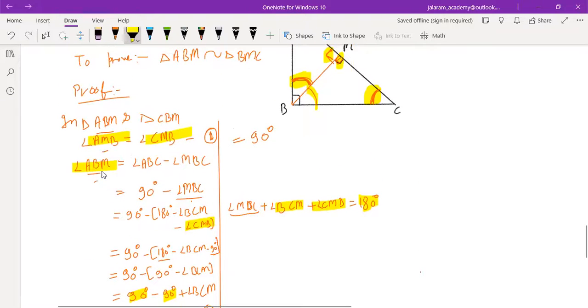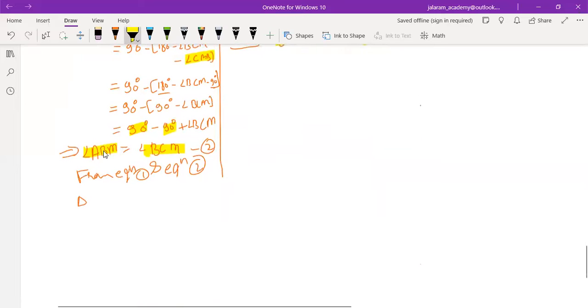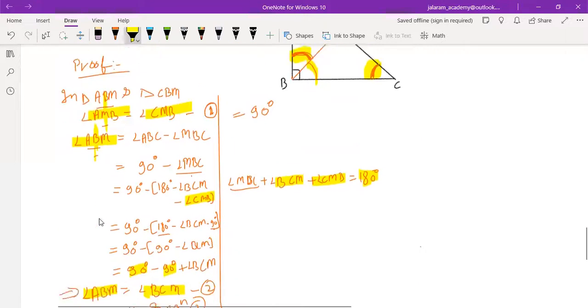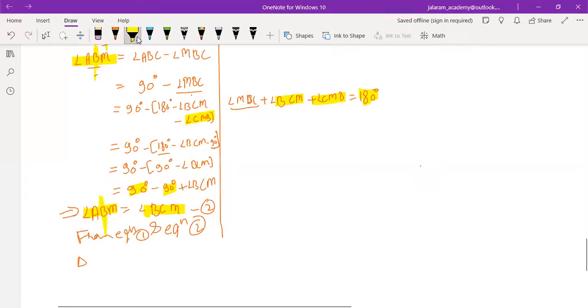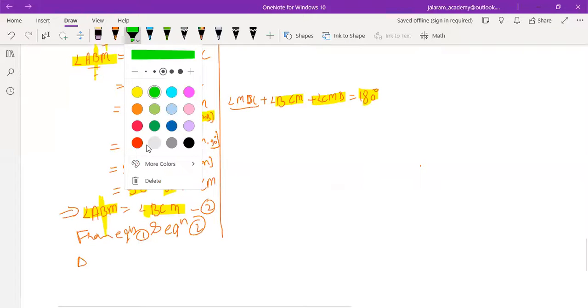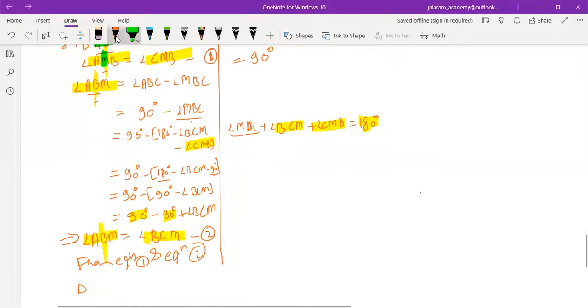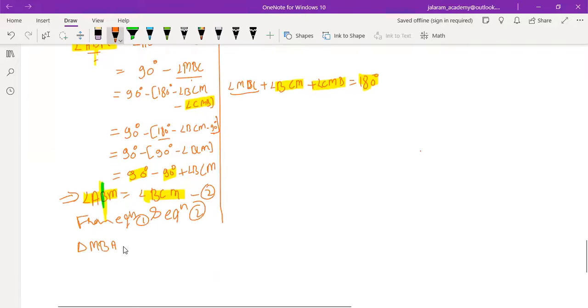Look at this, what I am telling you. The first angle in triangle ABM we have taken as M, so we write point M first of all. Then the second angle which we have taken is B, so we write B. And the third remaining is A, as we are using only the AA corollary.